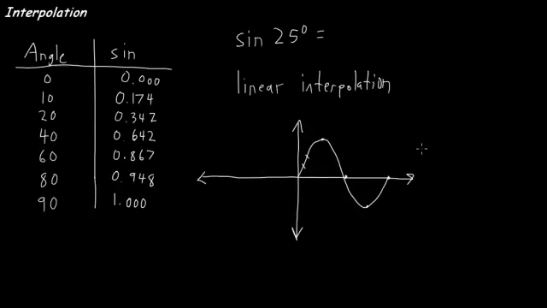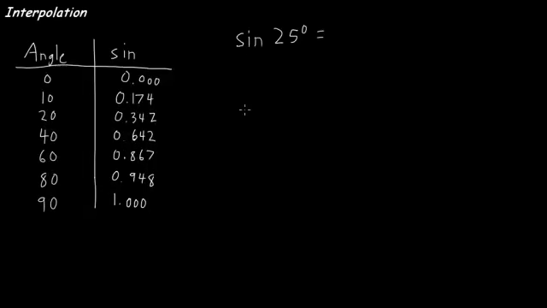So we're going to do an example of how you would calculate sine of 25 using interpolation. What I like to do is make a table. We have our angle here, 20. 25 is our unknown angle, and we also know 40. We know sine of 20 is 0.342, and sine of 40 is 0.642.